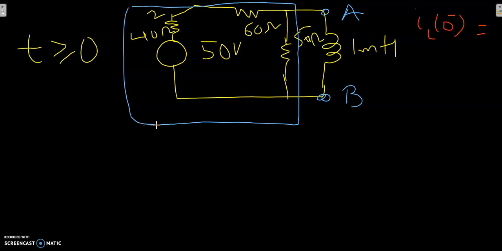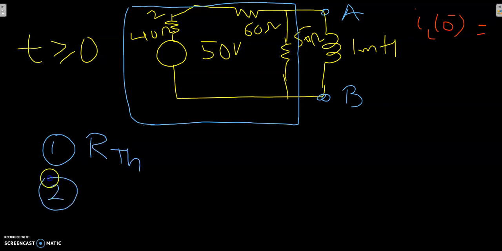So we are required to find out RTH and VTH. For RTH, we basically have to short circuit this source.